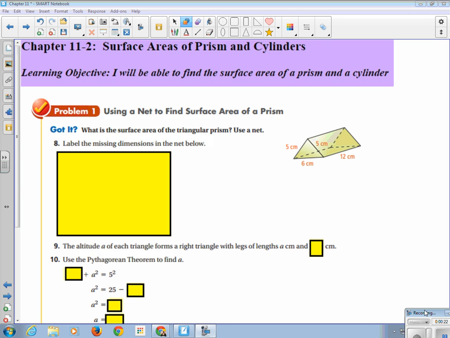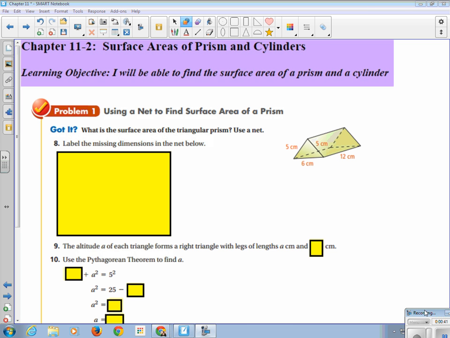The definition of a prism is you have a polygon on the bottom, its exact match on top, and it has rectangles all around its lateral sides.